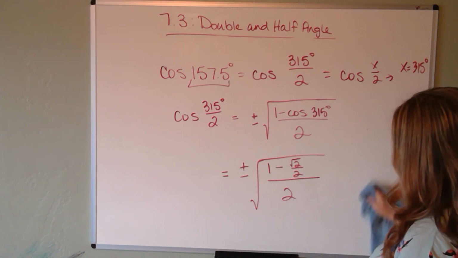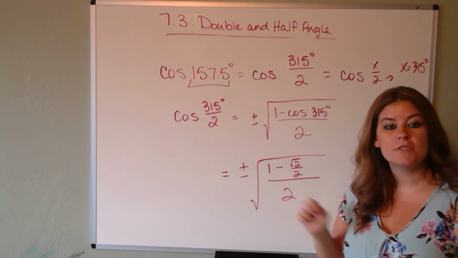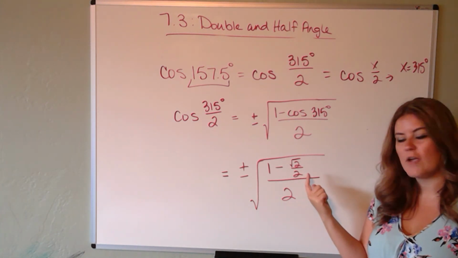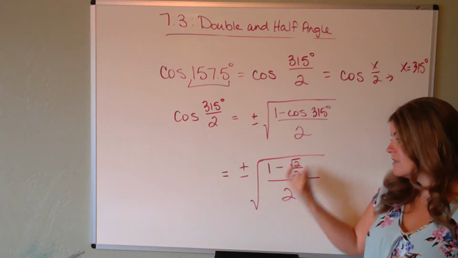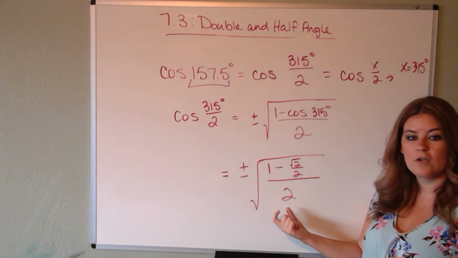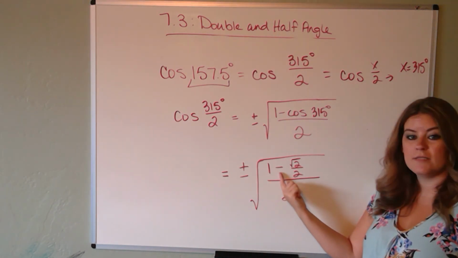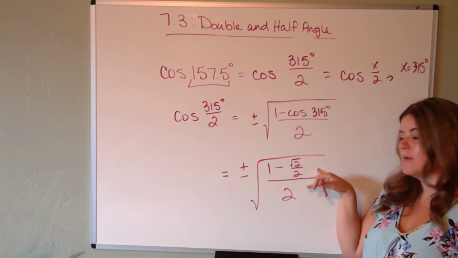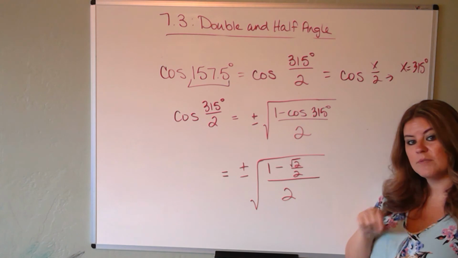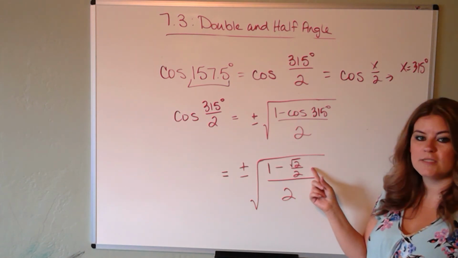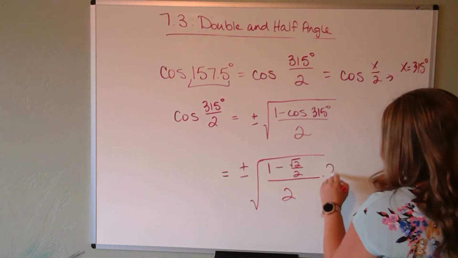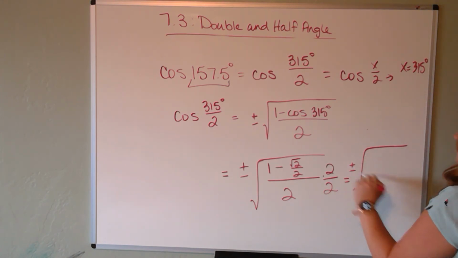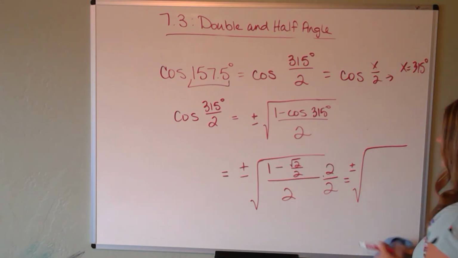How do I want to write my answer? So the first thing I want to do, just like the last one I did on the tangent, I've got a fraction within a fraction here. I can't just use my ideas for complex fractions because of this 1 minus attached to it, right? So why don't I multiply top and bottom by 2 again, like I did with that tangent problem, to get rid of this fraction. So I haven't done anything with this square root. All I've done is multiply top and bottom by 2.